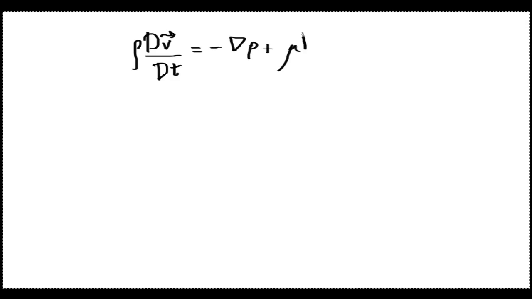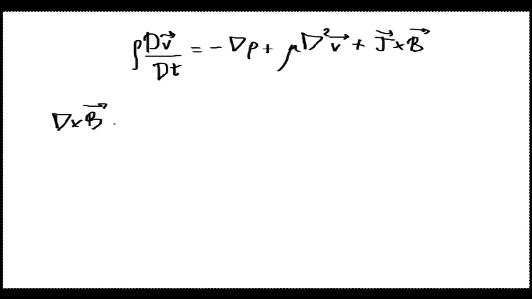So continuing the derivation of the equations of ideal MHD, we can substitute the electric current density using the Ampere-Maxwell law. Here we have the curl of B, the magnetic field, which is equal to J plus the time derivative of the electric field.